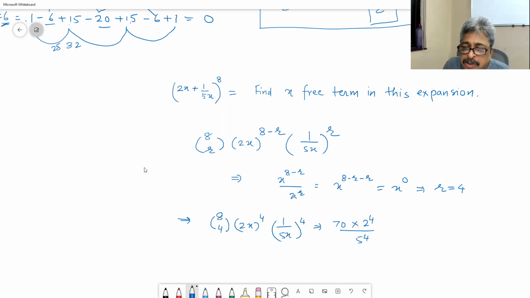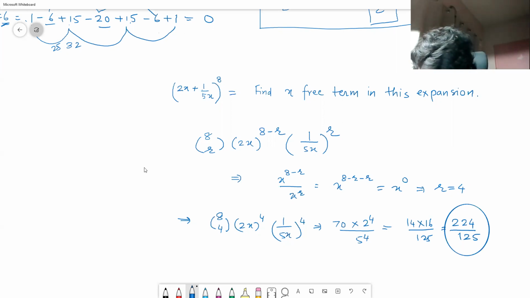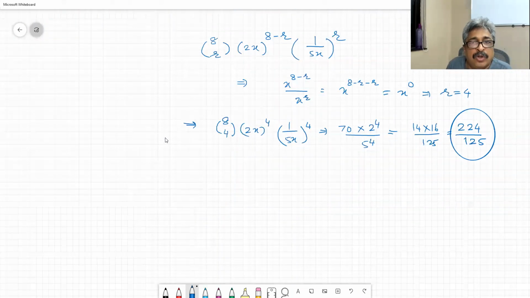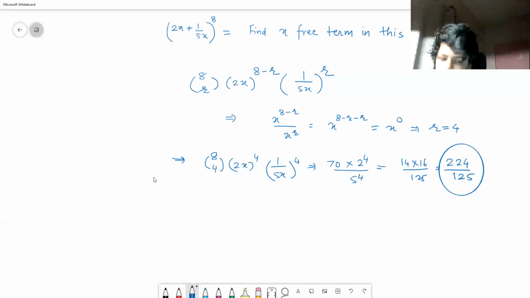One 5 is gone along with this and you get 14 into 16 upon 125, which is 224 upon 25. This is the middle term and it is free from x. Last 7 minutes, one more numerical and we are done.